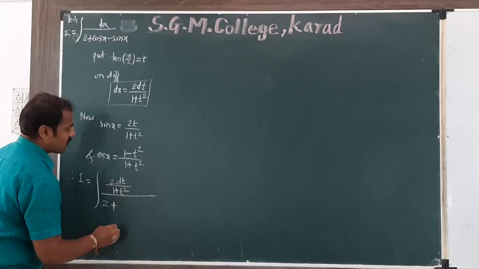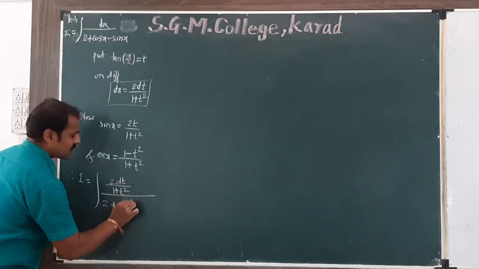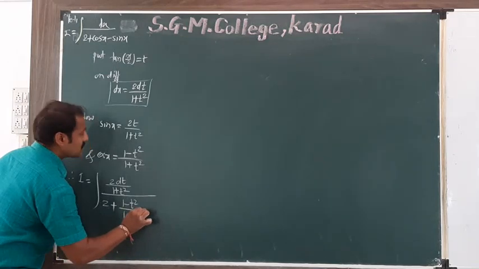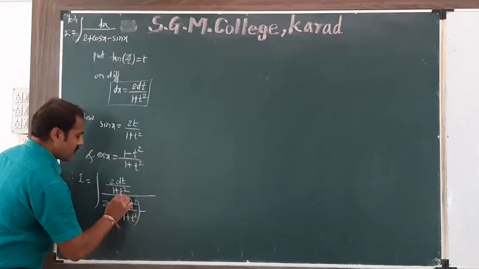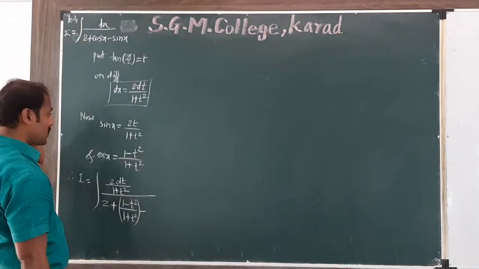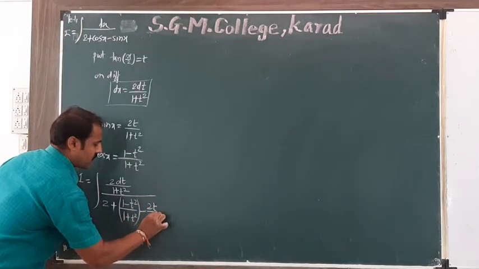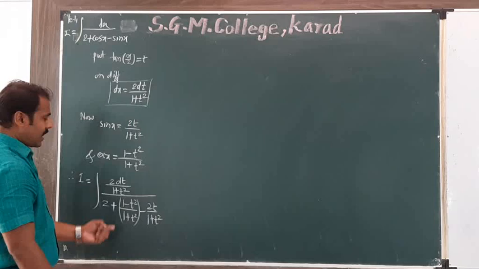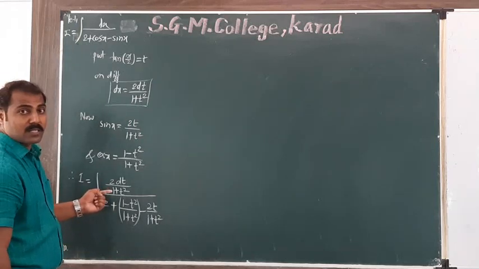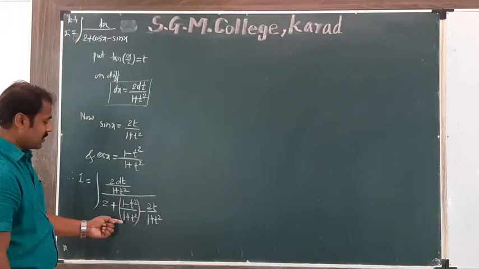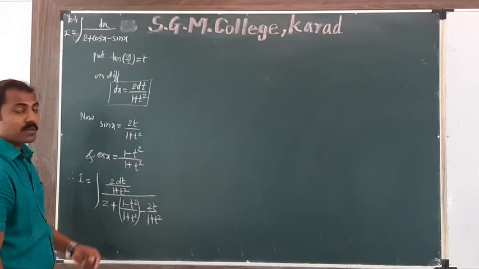The value of cos x is 1 minus t square divided by 1 plus t square, minus the value of sin x, which is 2t divided by 1 plus t square. Now look at the denominator of the numerator, which is 1 plus t square, and the denominator of the denominator in these two terms is 1 plus t square.